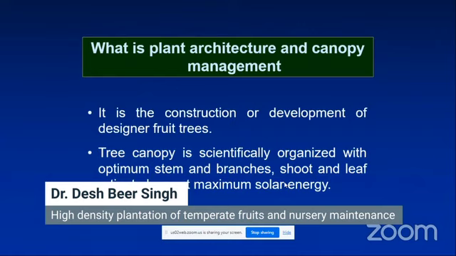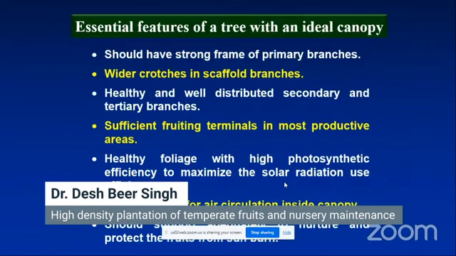It is the construction and development of designer fruit trees, with the tree canopy very scientifically organized, with optimum stem, branch, shoot and leaf ratio to harvest maximum solar energy.